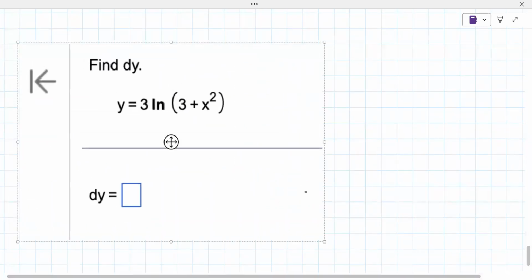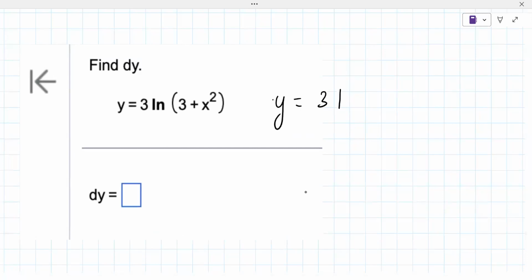Same idea here. Y is really 3 natural log of u. If you're ever wondering what the inside function is, it's usually in parentheses.